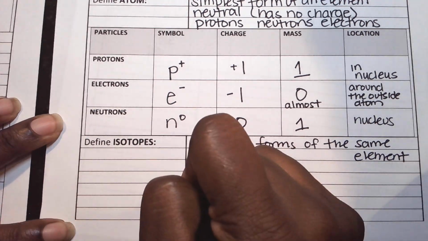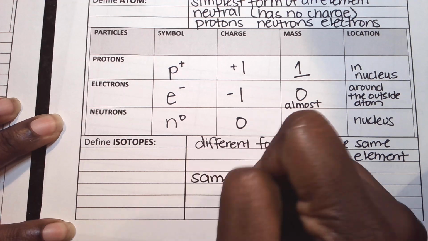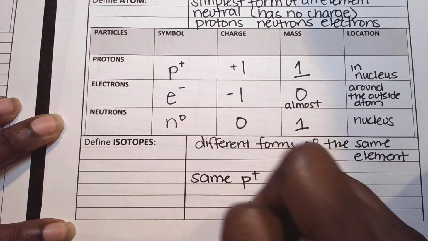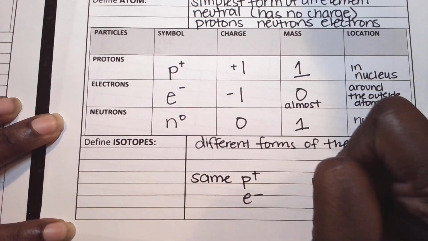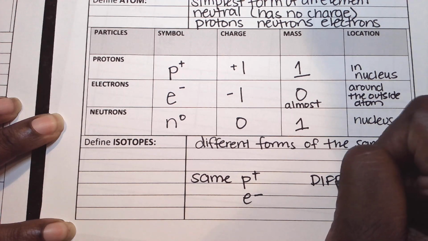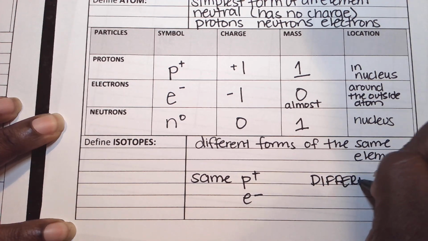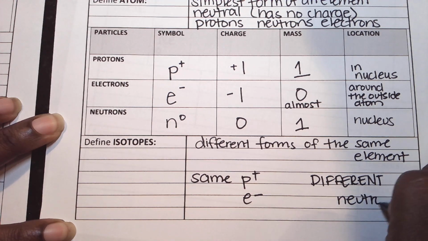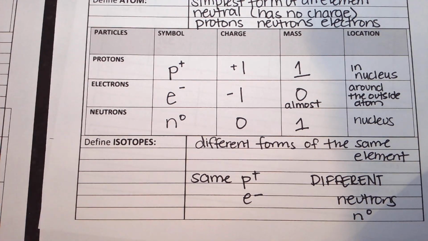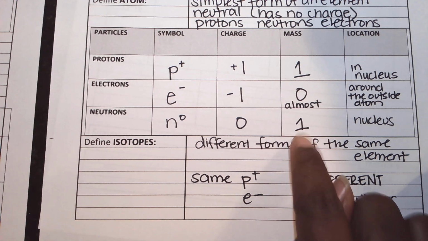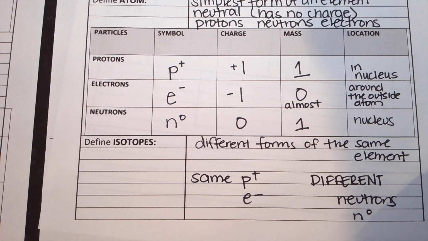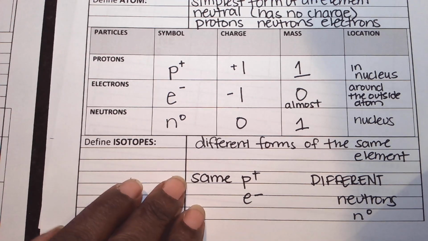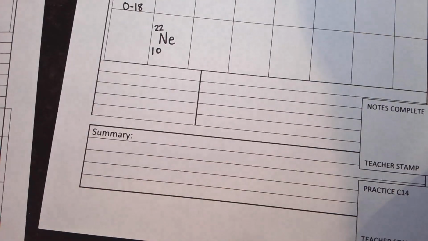They have the same protons and the same electrons, but different neutrons. And having different neutrons means that the mass will change, because how many neutrons it has changes. Therefore, the mass is also going to change. So let's look at a couple of examples.